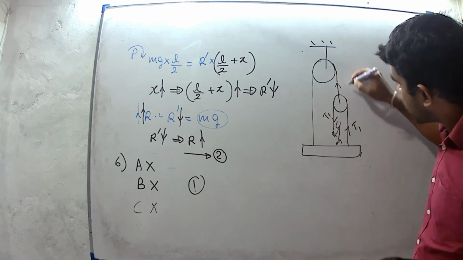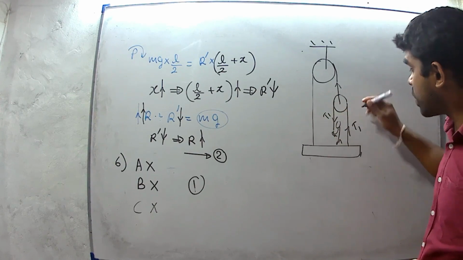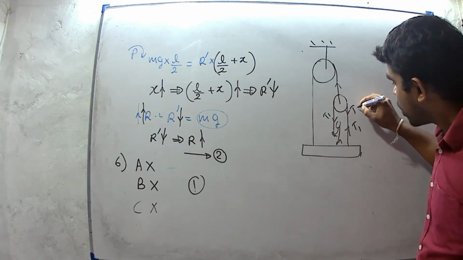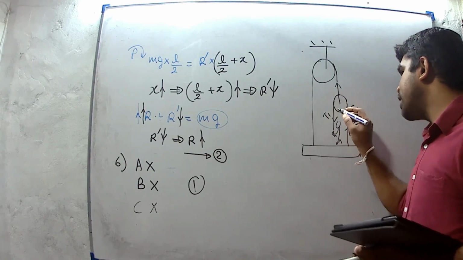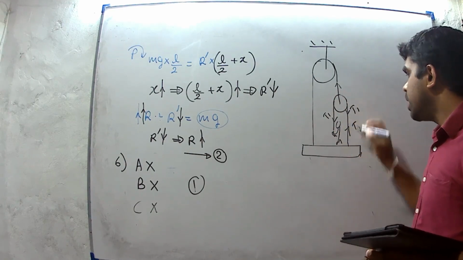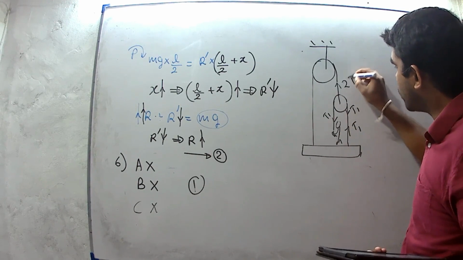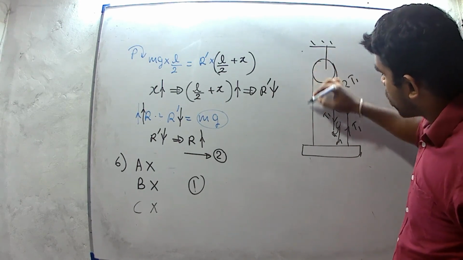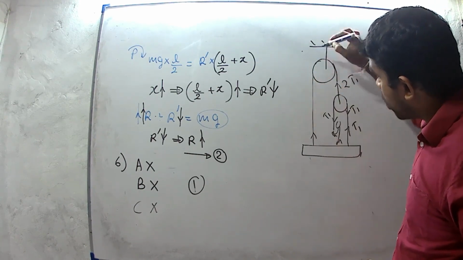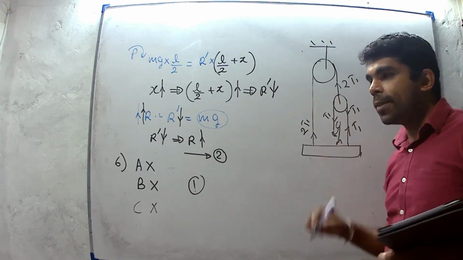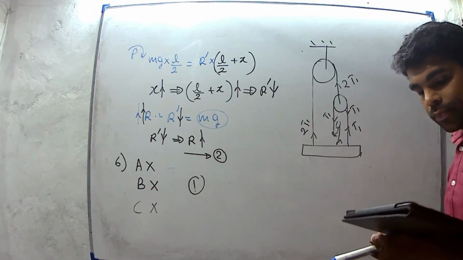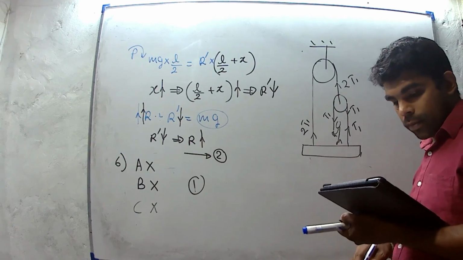The upward force should be the sum of the 2 forces. We know that the tension of the cord is the same. Therefore, the tension at this point is also T1. T1 plus T1, 2T1. Then from this cord, there is a 2T1 tension on the given platform.